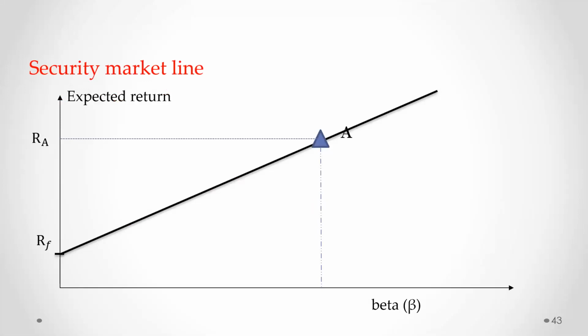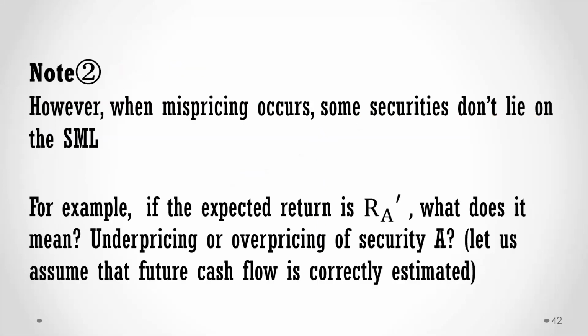We also discussed a maybe confusing issue. As I discussed in the previous discussion, the CAPM can tell us the expected return of any given financial asset if these securities are under market equilibrium condition, or in other words, if there's no mispricing.